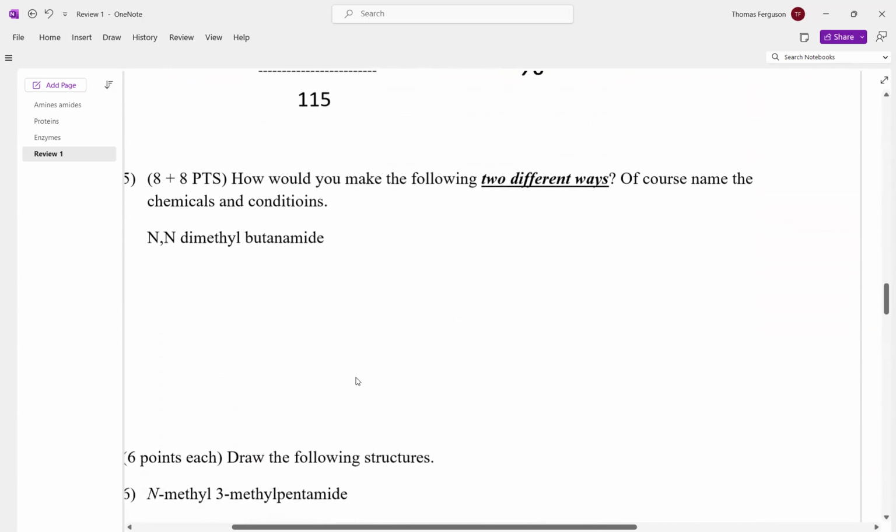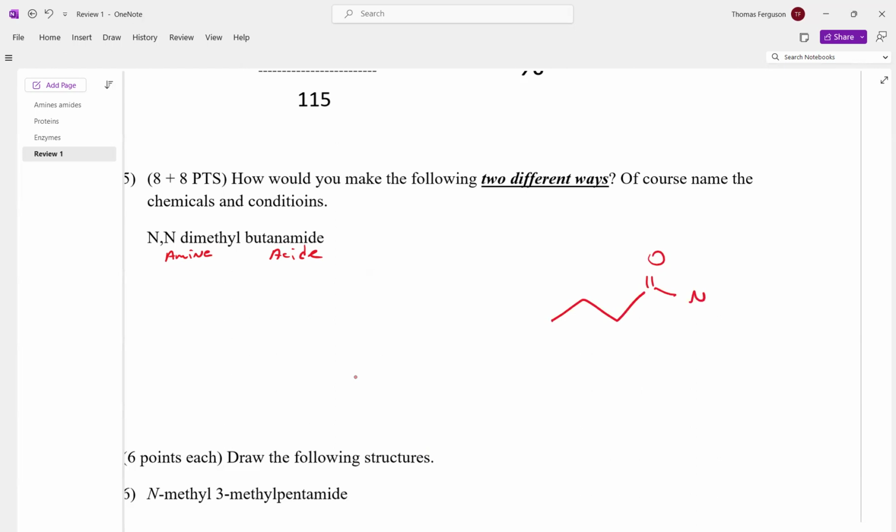Okay, so we need to make an amide now. Remember the two ways again. So what does this guy look like? All right, well, it's got buta, which means a backbone of 4. So we have N,N-dimethyl.